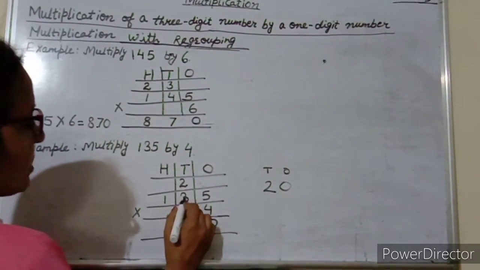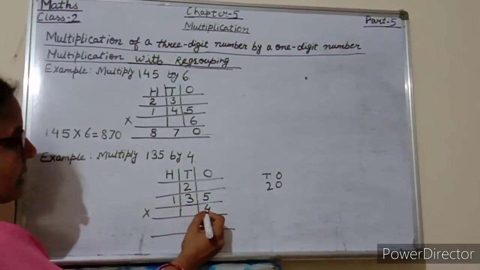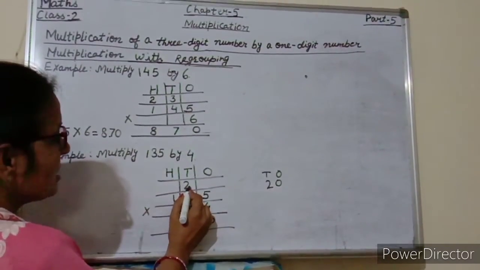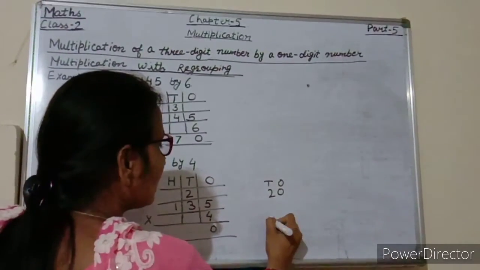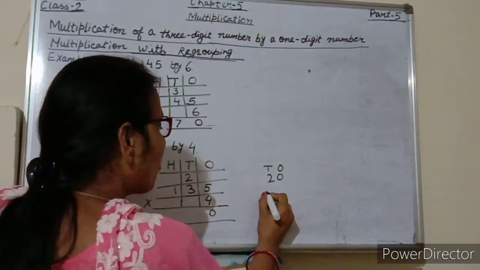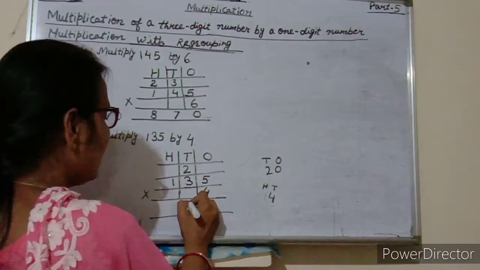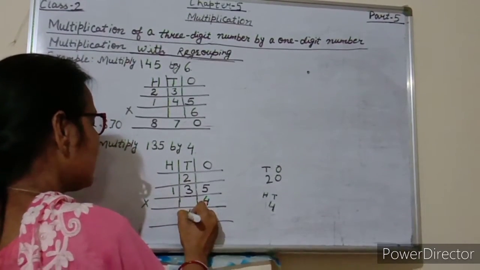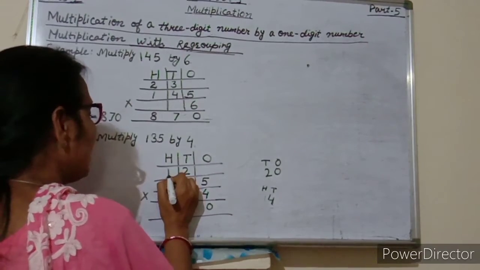Now come to the next. 3 tens into 4 is 12 tens. So 12 tens plus 2 is 14 tens. 14 tens means 4 tens and 1 hundred. So 4 we will write under the tens column and 1 we will write in the hundreds place as a carry over.